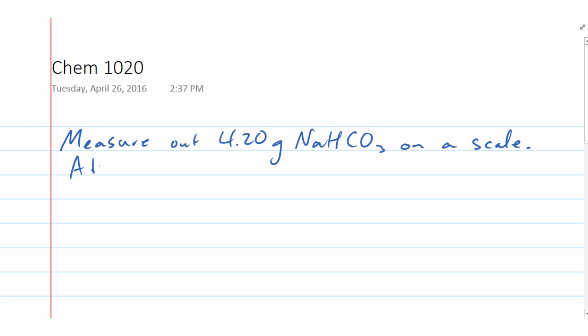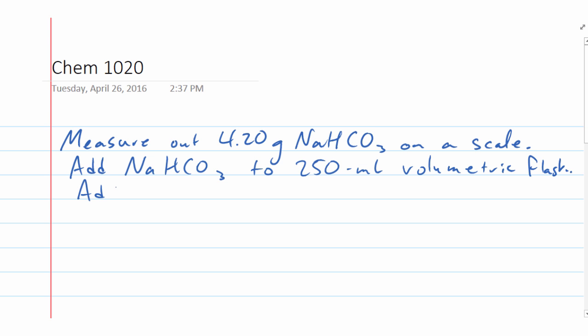Once again, we are going to measure out 4.20 grams of sodium bicarbonate on a scale or balance. Add the sodium bicarbonate to a 250 milliliter volumetric flask. Then we're going to add water to the flask and mix to dissolve.